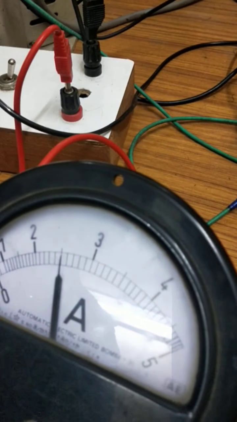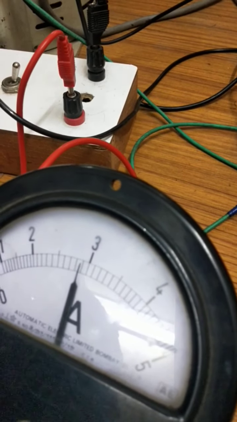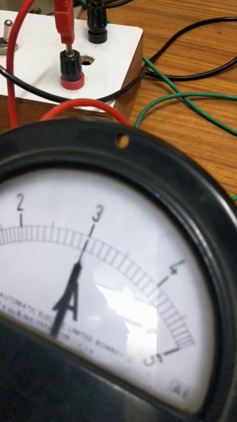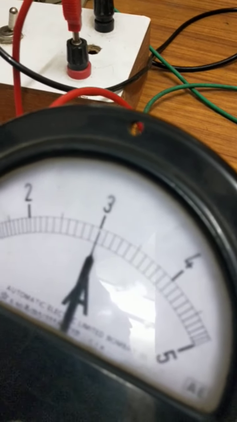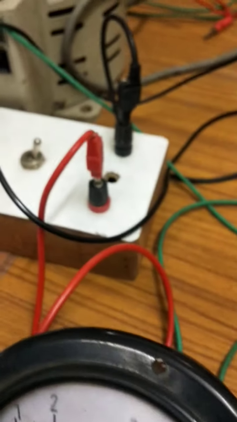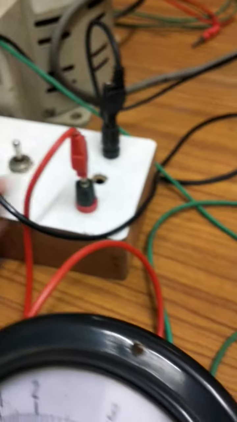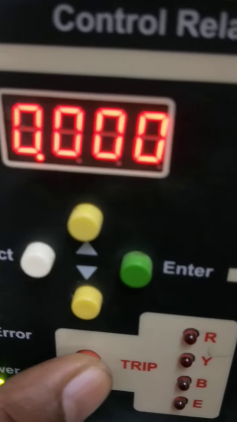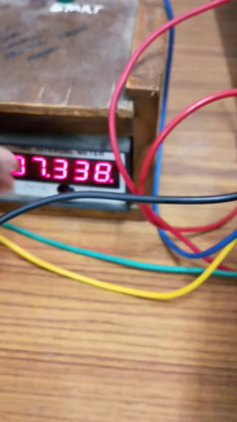Okay, again we shall increase the current. It is 3. Okay, again we will turn off the switch, reset the relay, reset the timer.